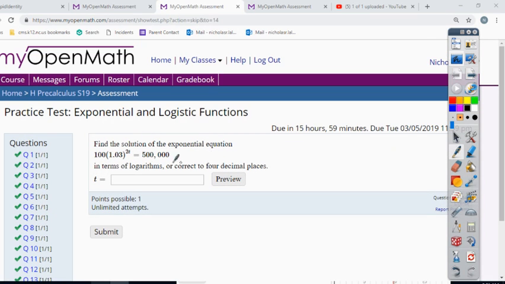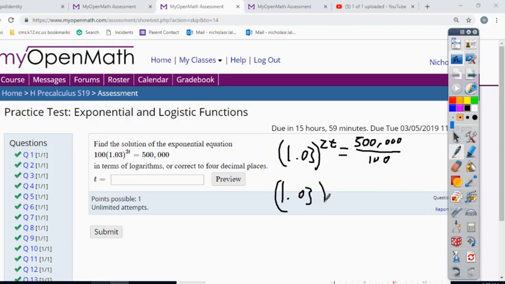Find the solution of the exponential equation 100 times 1.03 to the 2t is equal to 500,000. Divide each side by 100. 1.03 to the 2t is equal to 500,000 divided by 100, that's going to be 5,000.